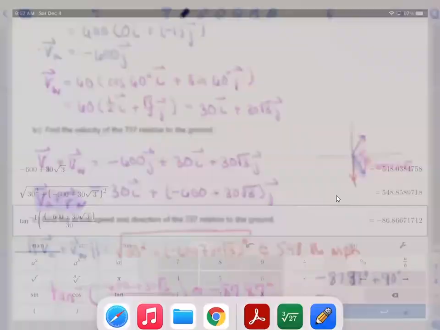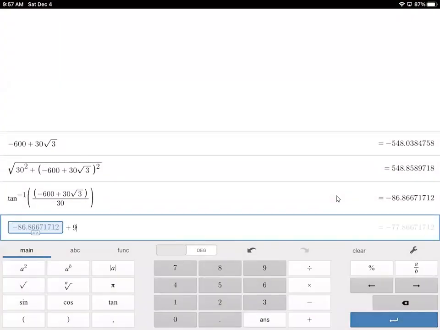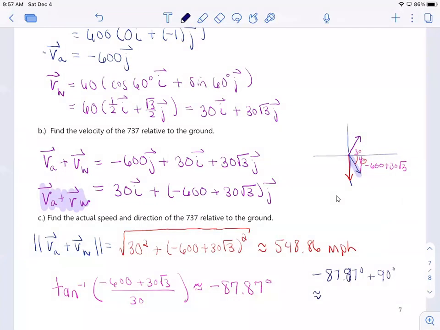You have to pay attention to, so I'm going to go here and then answer plus 90. 3.13. So it might not always be adding 90. You got to pay attention to which quadrant you're in.